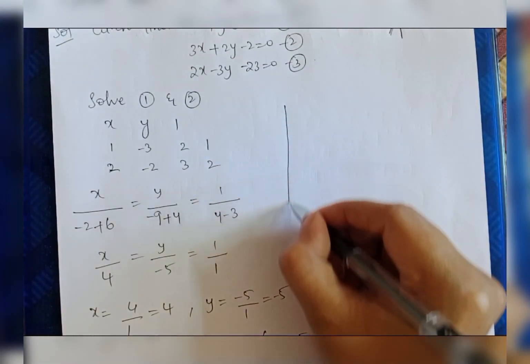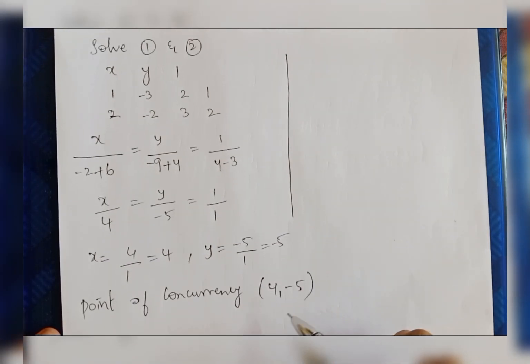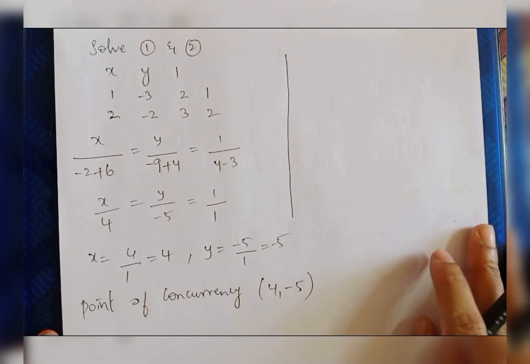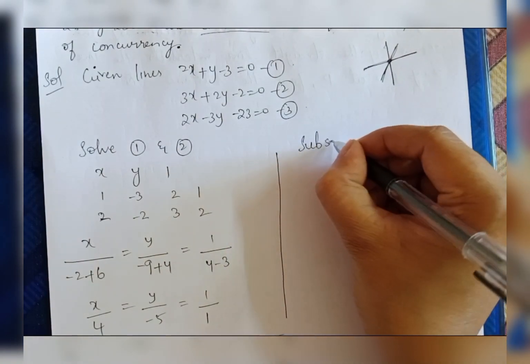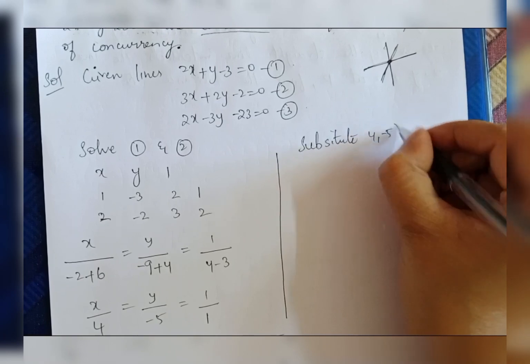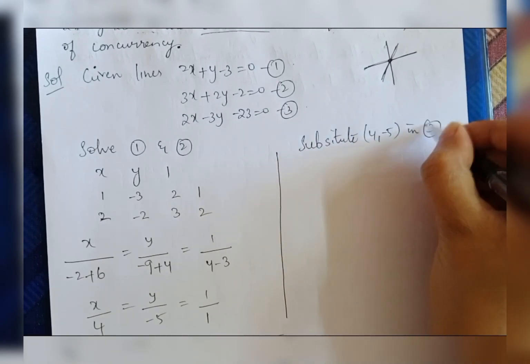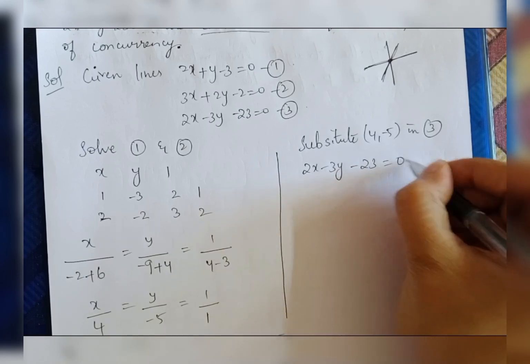And what we have to do is substitute this point, 4 comma minus 5, in equation 3, which is 2x minus 3y minus 23 equal to 0.